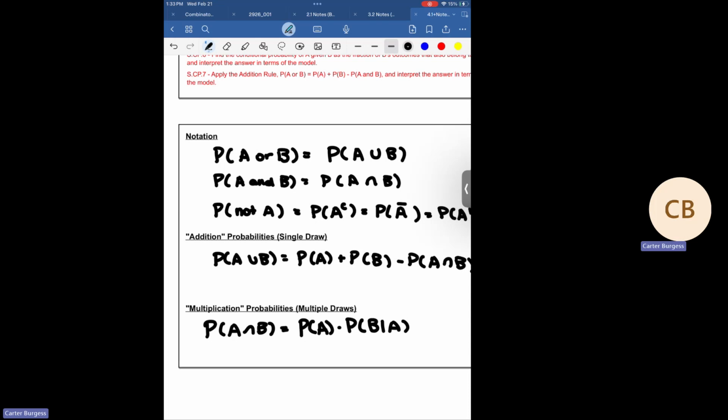Yes, there is a formula for probability of B given A. It's a little bit tautological. This ends up being the probability of A and B divided by the probability of A, which is literally just dividing both sides of the equation we have by the probability of A. So again, it doesn't really tell us new information. It's just a way of rehashing the same information that we already have.